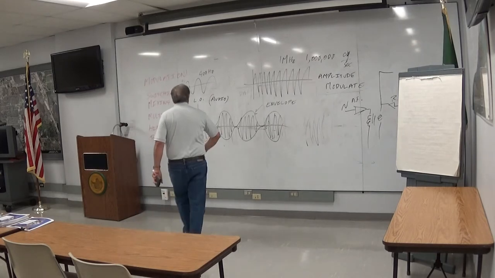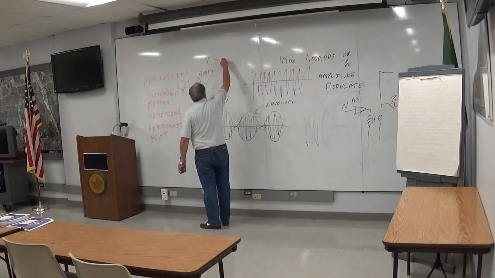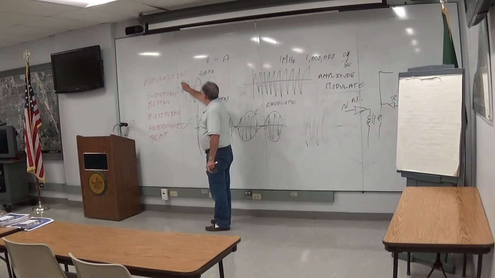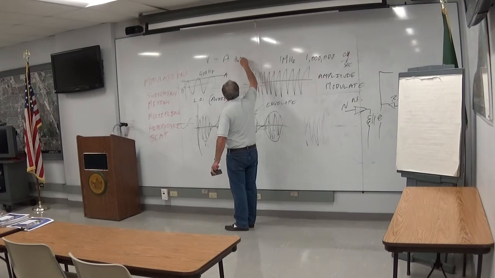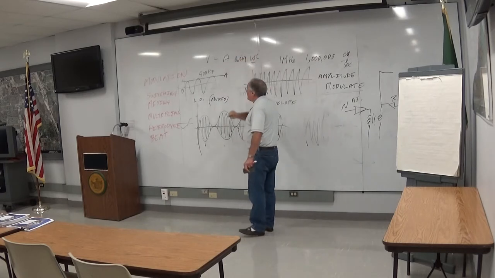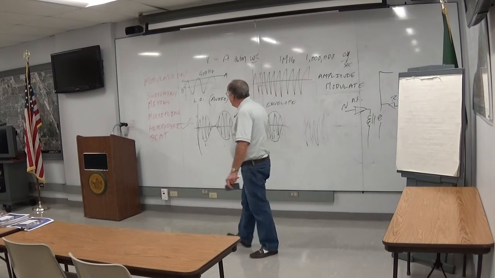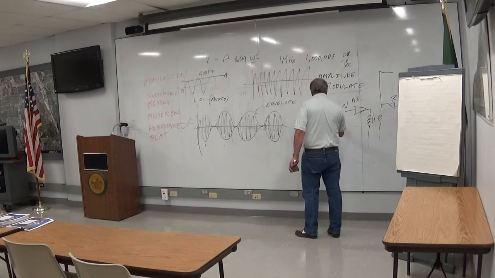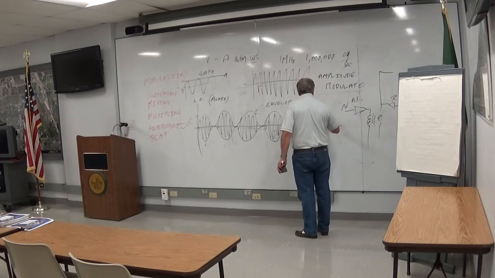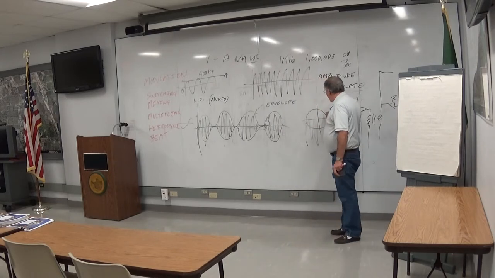You want to have a voltage that's equal to that maximum amplitude, whatever that A level is there, times the sine of omega t. Omega is the circular frequency. Frequency is the rate at which this thing goes around the circle.